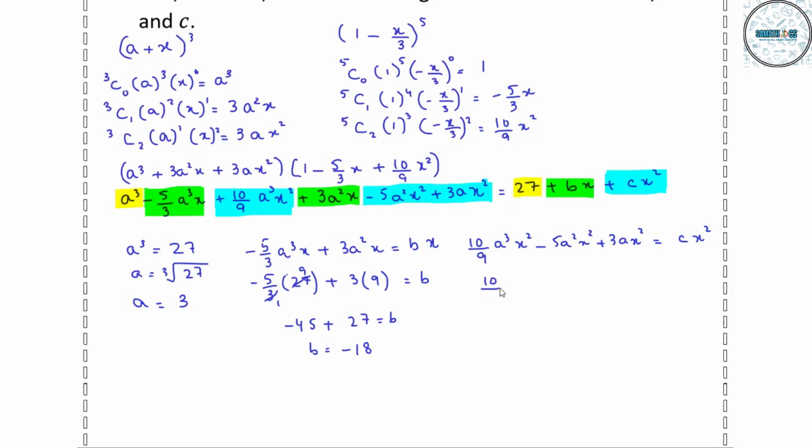So 10/9 a cube is 30, minus 5 into a square, which is 45, plus 3 into a, which is 9, is equal to c. This is 30 minus 45 plus 9 is equal to c. So c is equal to -6. So we have got the values of a, b and c. A is 3, b is -18 and c is -6.